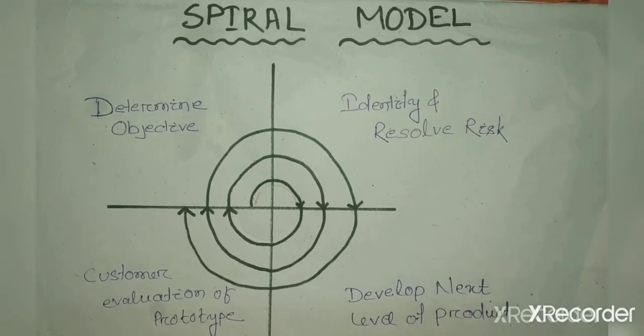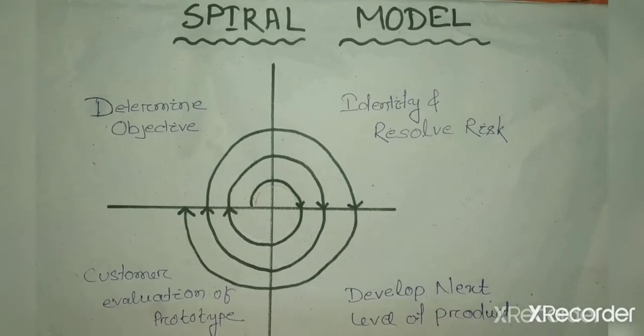The spiral model was proposed by Barry Boehm in 1988. It is also known as the meta model because it combines the features of the prototype model, iterative waterfall model and evolutionary model.